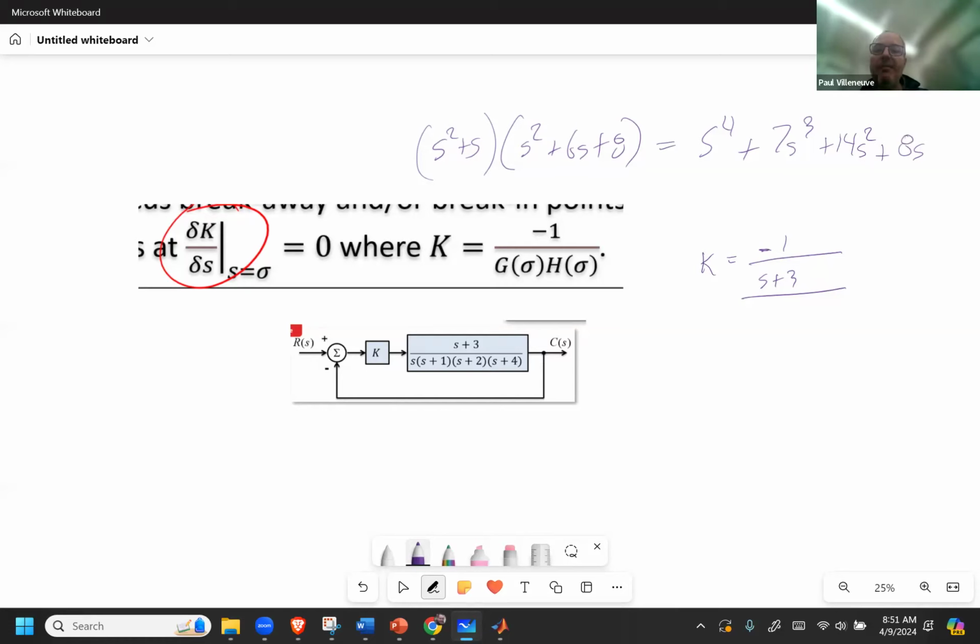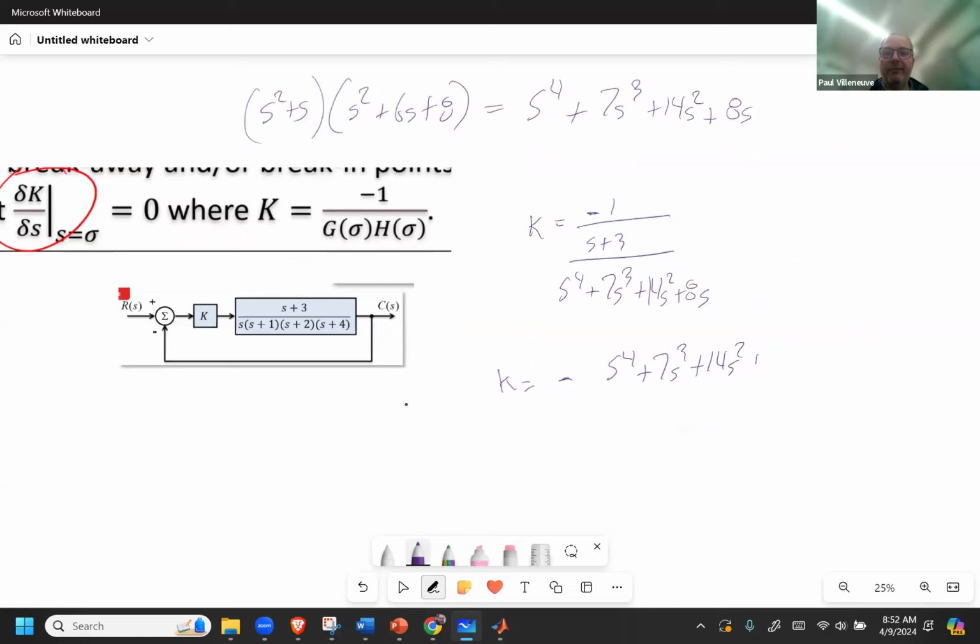So this becomes S to the 4th plus 7S cubed plus 14S squared plus 8S. Now I'm going to invert it. Right?